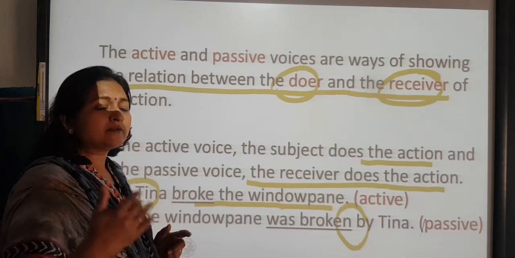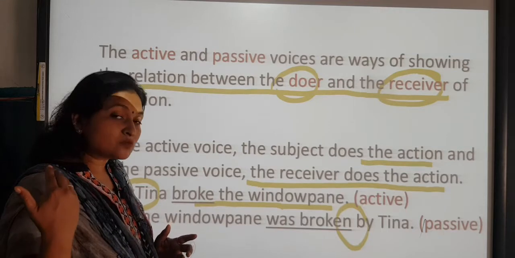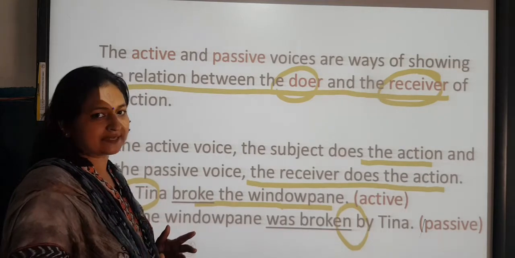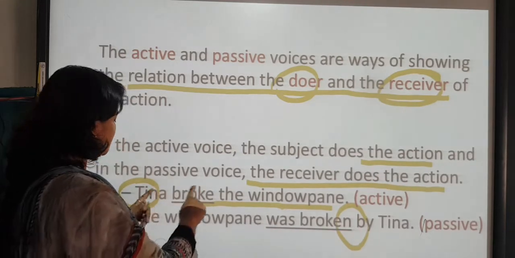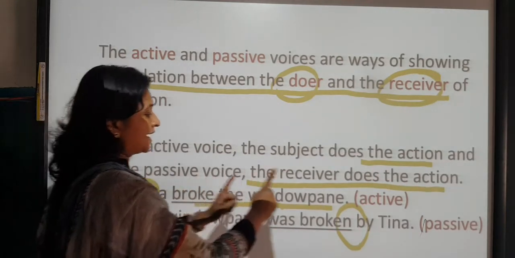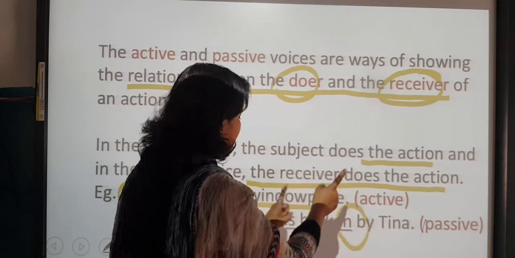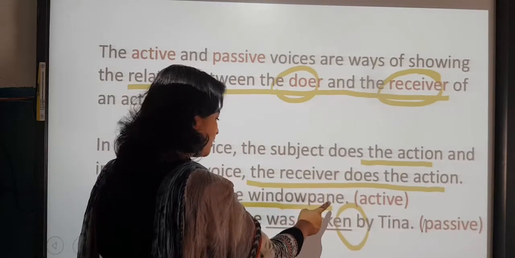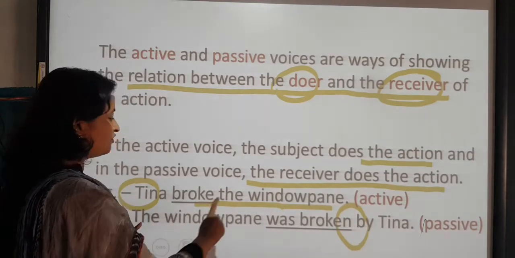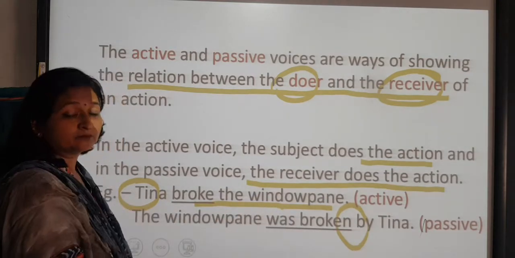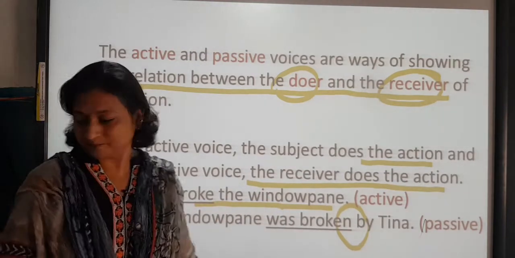Now by, many times it is there and many times you can avoid it. It depends on the sentence. These two major things are clear. And the third one is Tina, who was the subject, that will become the predicate, and the window pane, which was in the predicate, that will become the subject. So now it is: the window pane was broken by Tina. Clear?